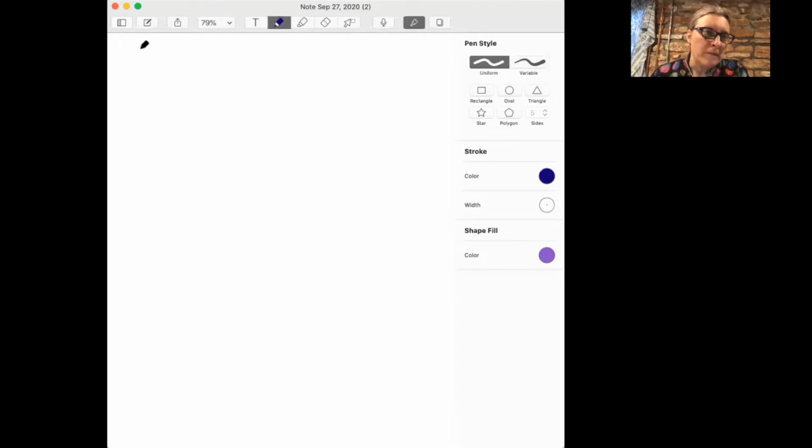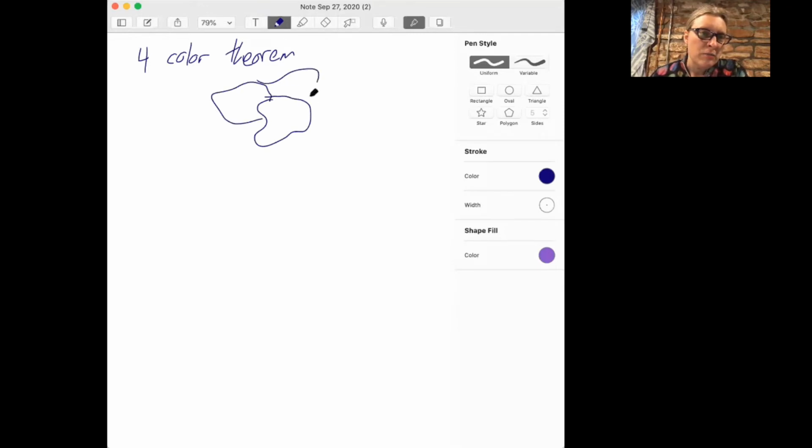One is what's called the 4-color theorem. The idea is that if you take any map, and we have to be a little careful of what we mean by a map, each country has to be connected. We can't have different parts here and there.